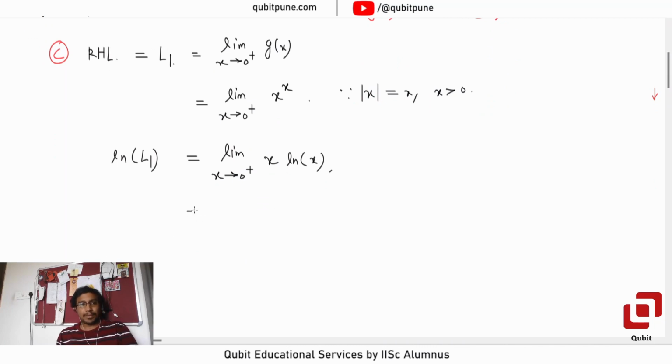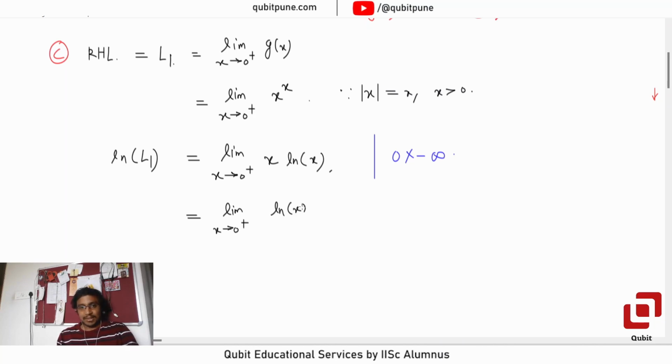Now look here, in which indeterminate form is this particular function? It is in the indeterminate form 0 times infinity, because the right hand limit of ln x as x tends to 0 is negative infinity. So is there any chance to write it in terms of an indeterminate form in which L'Hospital applies?